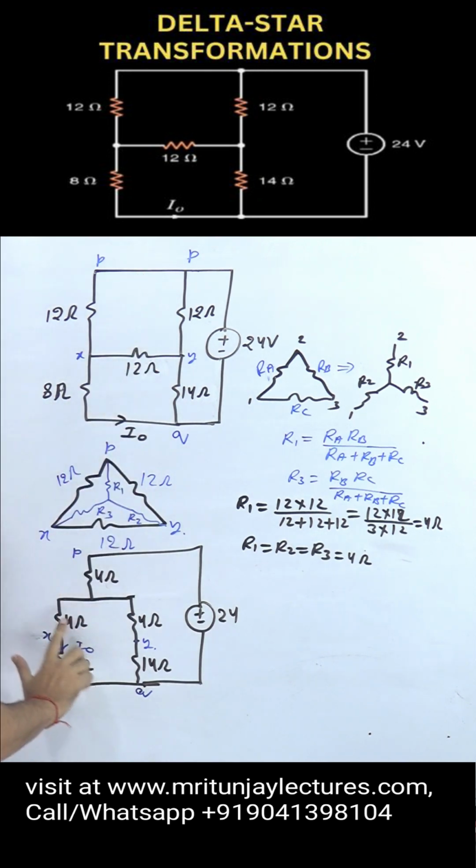Redraw the circuit, and after that we got this circuit. Now our next target is to determine I naught. So how can we determine I naught?